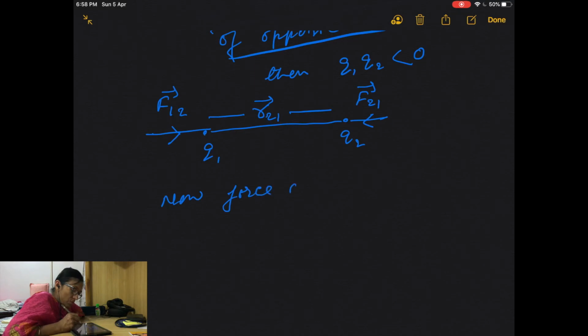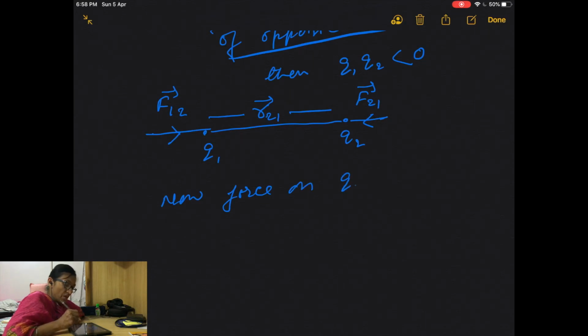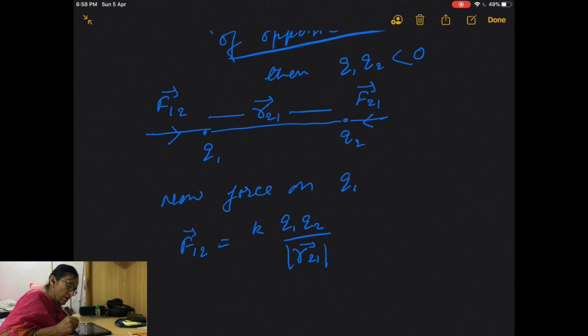Now, force on Q1: F12 is equal to, firstly we will write the magnitude of force, K Q1 Q2 divided by magnitude of R21 vector square.